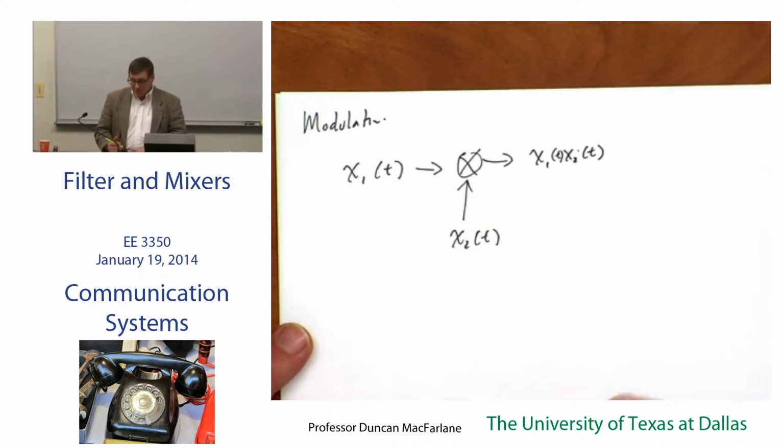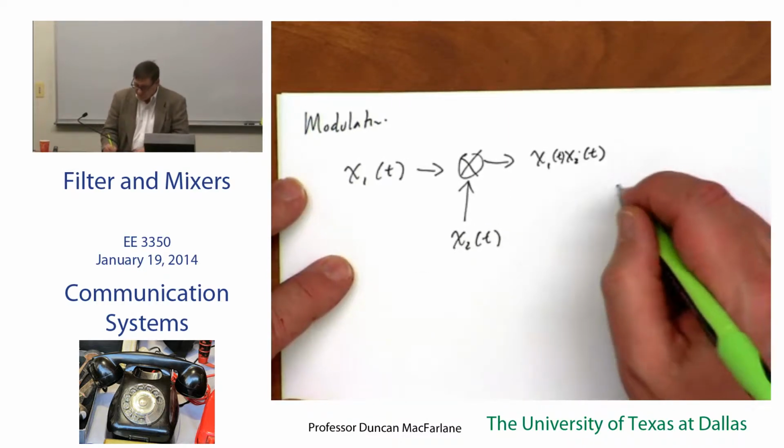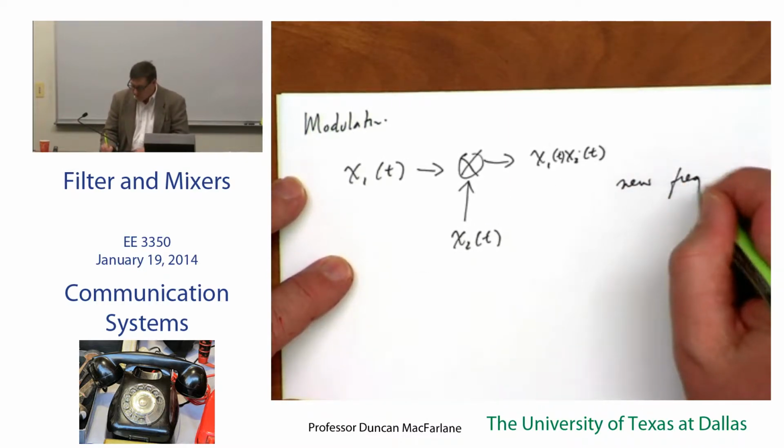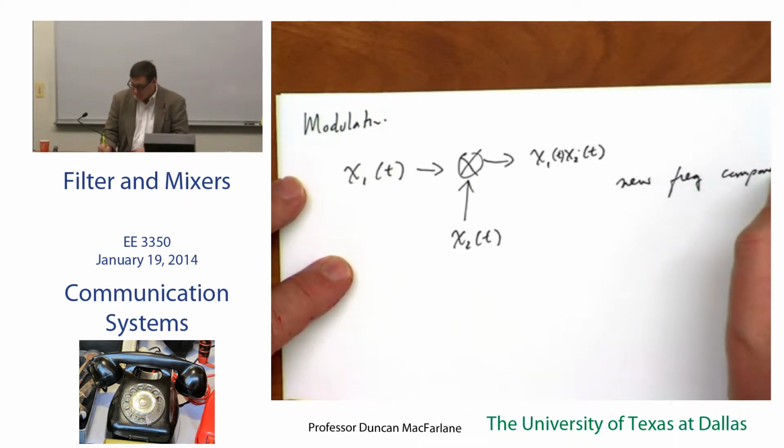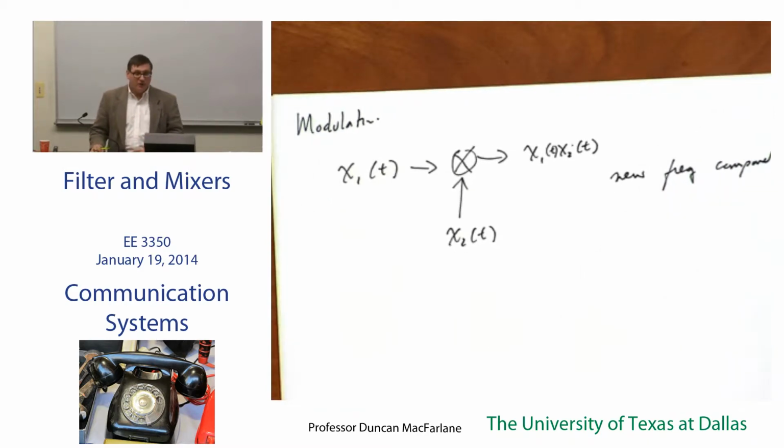And what those cross terms mean, by trig identity, is new frequency components. New frequency components are generated by that modulation property. And that's hugely useful in the context of communications.